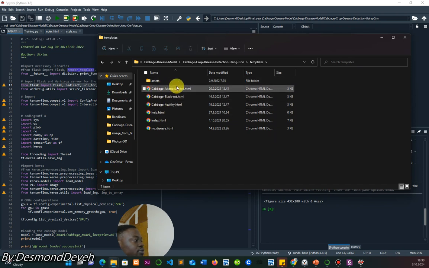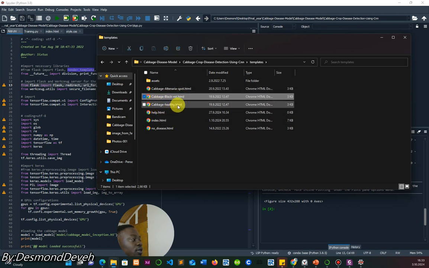So when the model detects that the image I've given to it is a disease, then it has to read these two HTML files. If it is healthy, it will read this HTML. So this is helping you to let the model predict. So the model will predict, but when the model predicts, there has to be an interface. So this is the interface for the model to understand and predict.